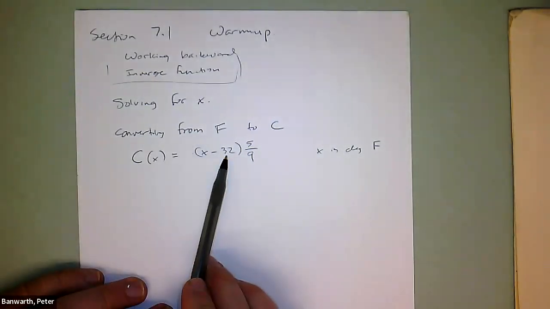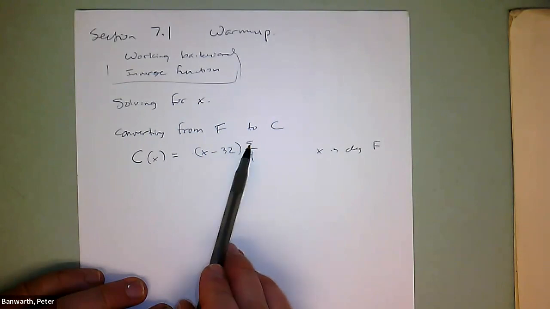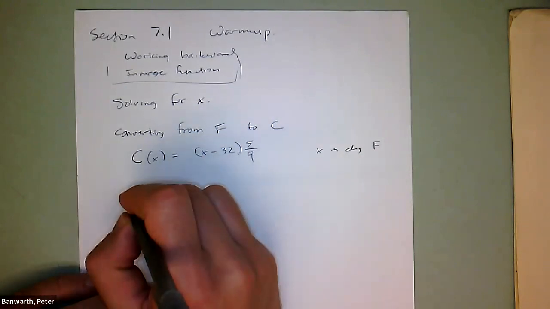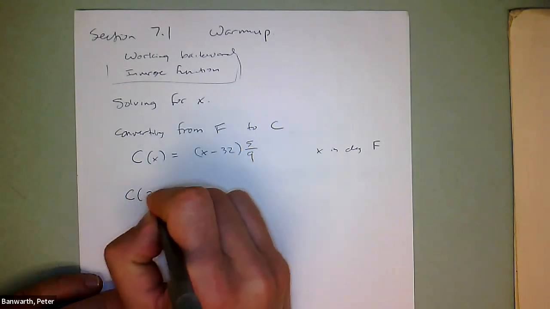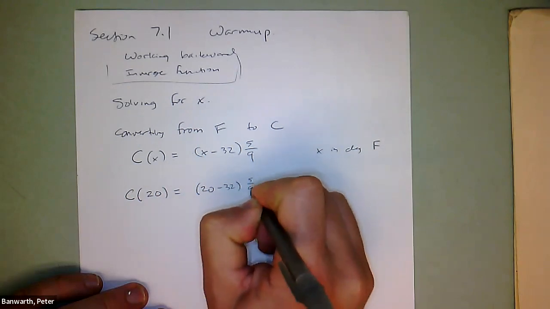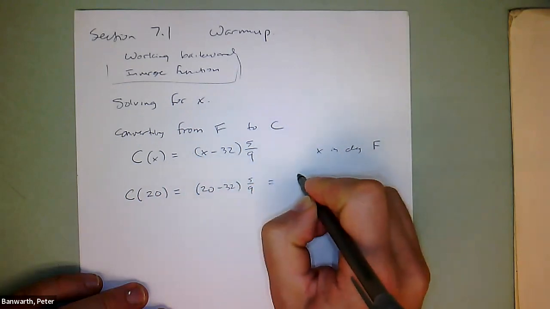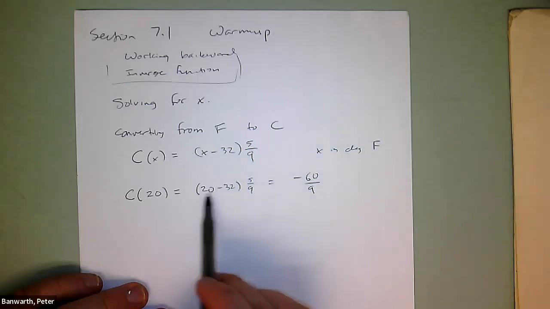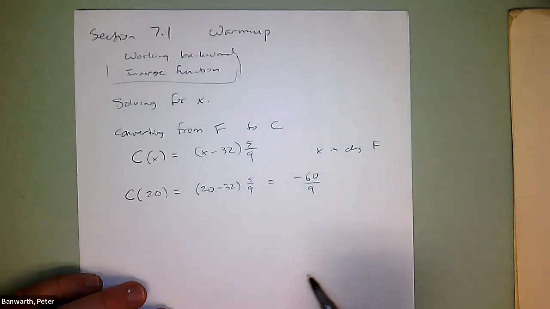I subtract 32, multiply the result by 5, divide by 9. So now I can do, let's say, C of 20 equals 20 minus 32 times 5 over 9, which is negative 60 over 9. That's negative 12 times 5, negative 60 over 9.